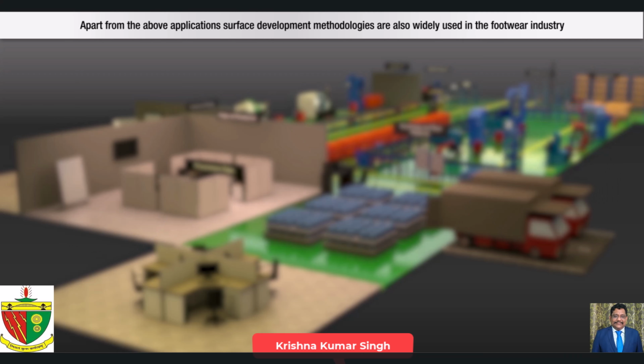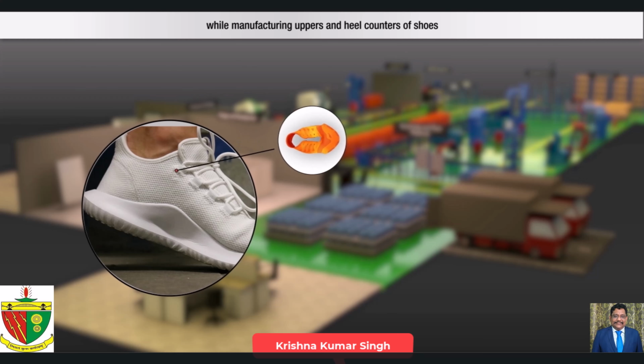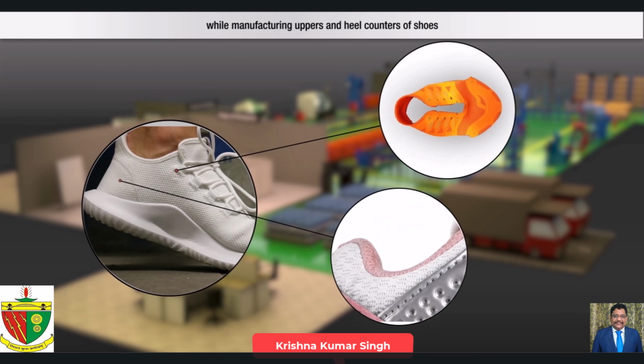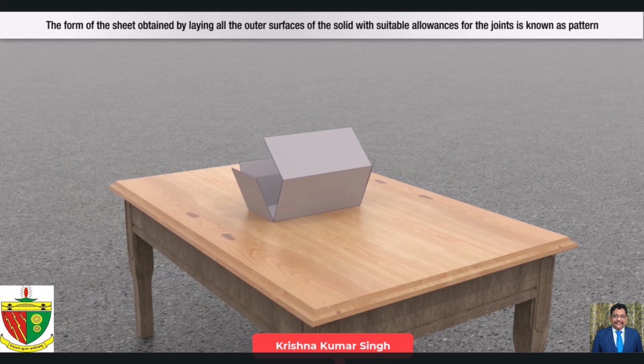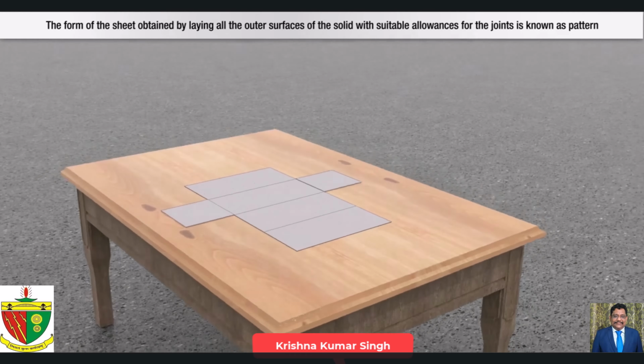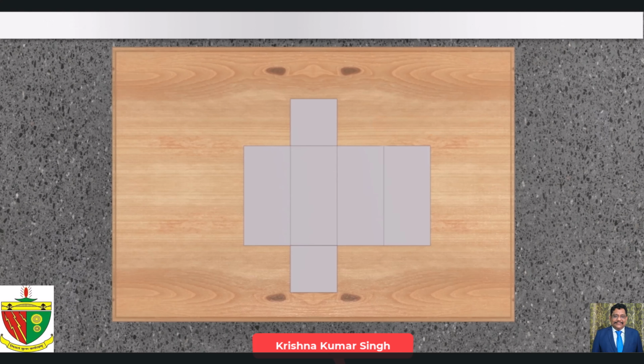Apart from the above applications, surface development methodologies are also widely used in the footwear industry, while manufacturing uppers and heel counters of shoes. The form of the sheet obtained by laying all the outer surface of the solid with suitable allowances for the joints is known as pattern.